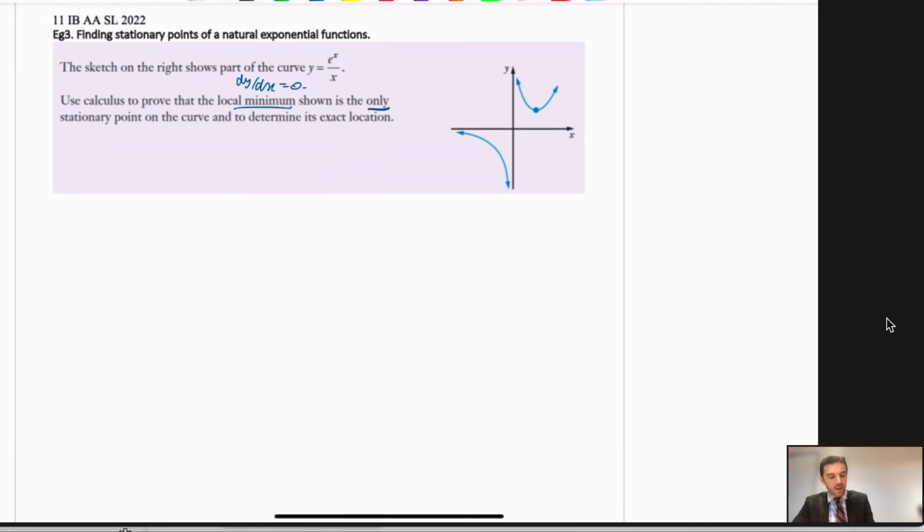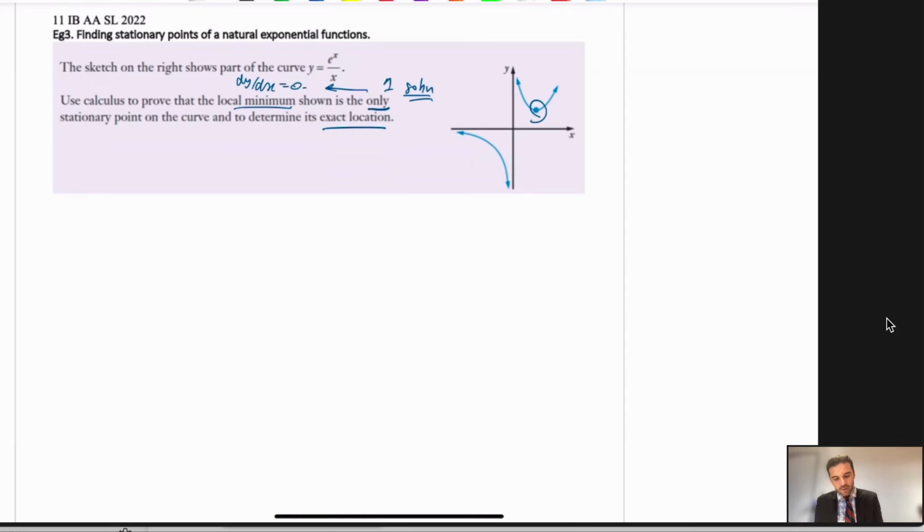Only stationary point, so we're expecting when we solve for this there's only one solution. That's what we're hoping here, and then we're going to prove its exact location, so we're not going to do any decimal places basically. And it looks like they've given us a curve here. Thank you very much for doing that, and we're meant to find that point.